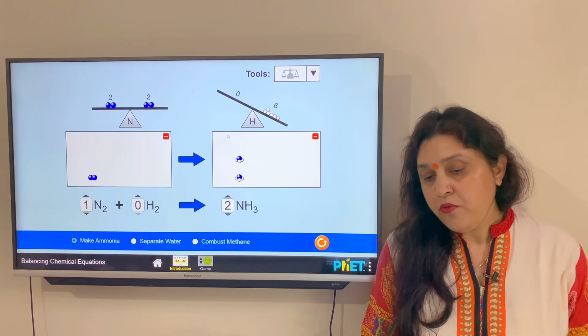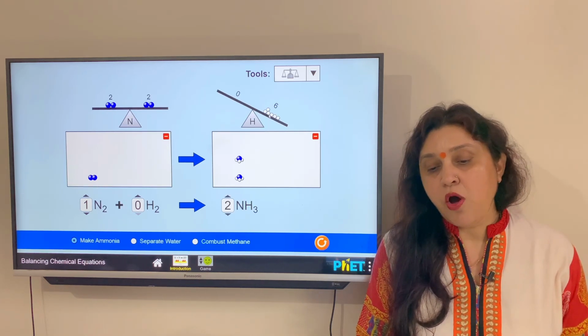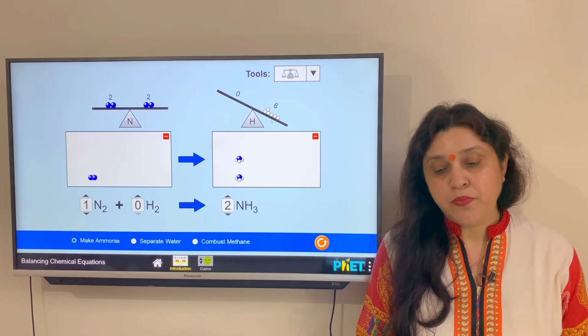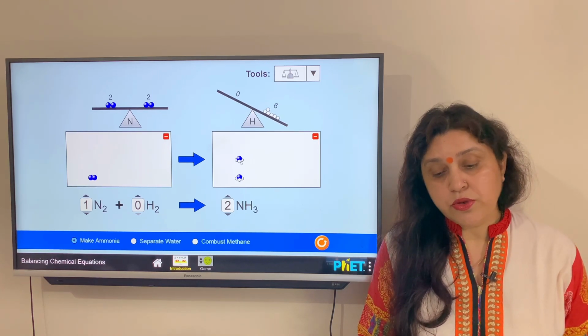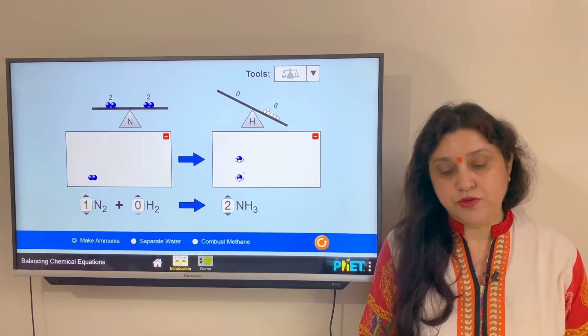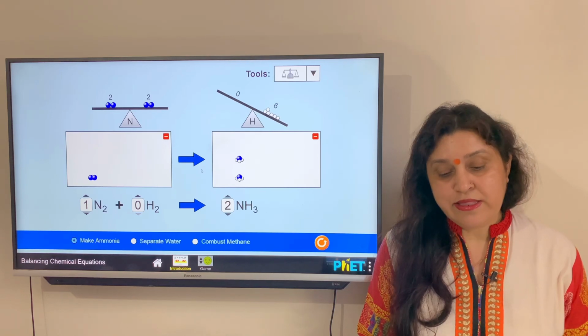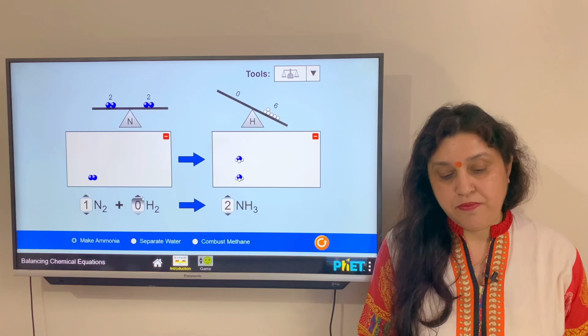But when we see this balance, you see here, there are 6 atoms of hydrogen: 1, 2, 3, 4, 5, 6. So these are the 6 atoms of hydrogen. So we will increase the number of hydrogen atoms from the reactant side.